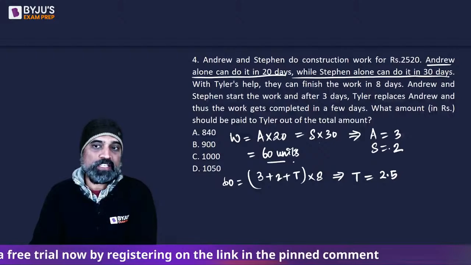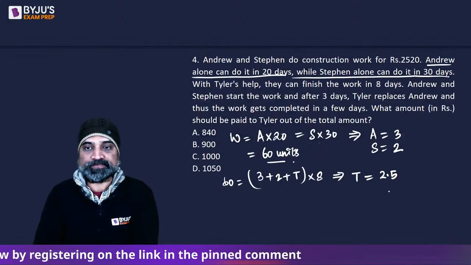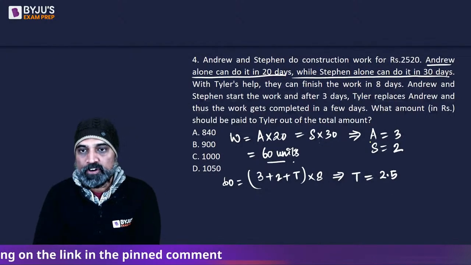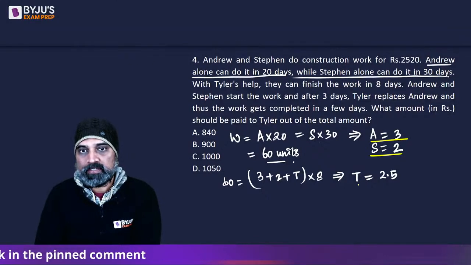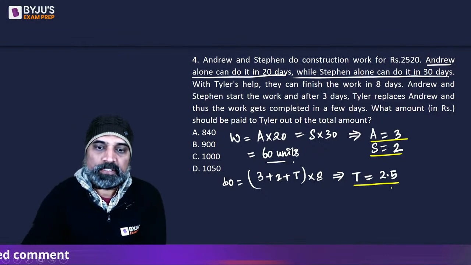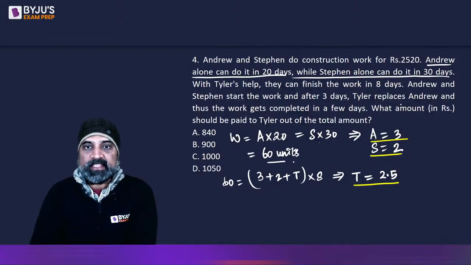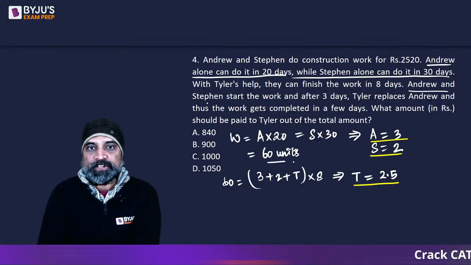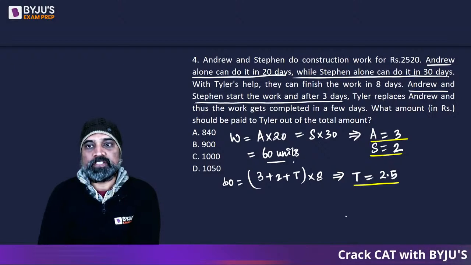So Tyler's efficiency is the average of Andrew and Stephen's. Okay, so we have got the efficiencies of Andrew, Stephen, and Tyler. Then it says Andrew and Stephen start the work, after 3 days.